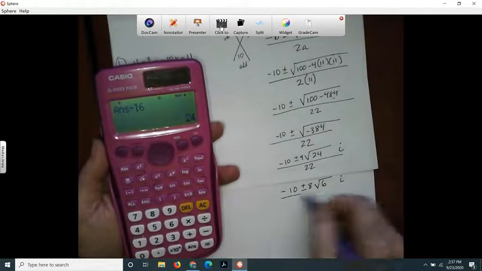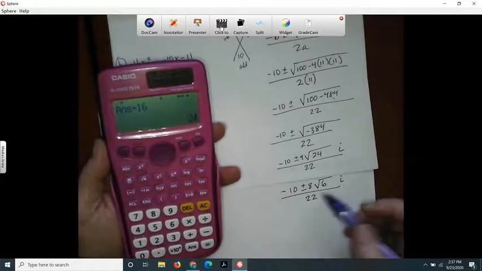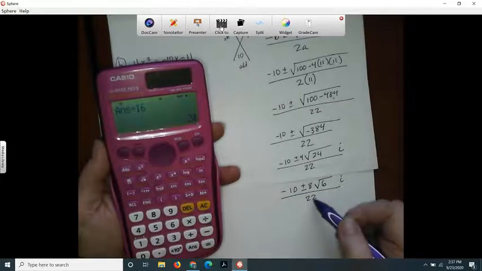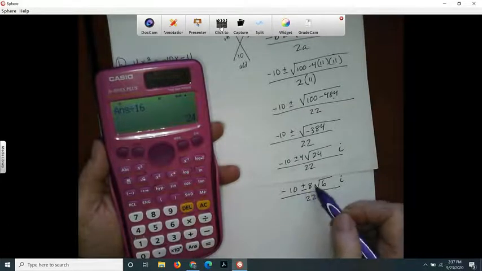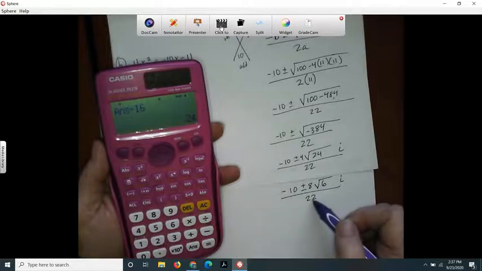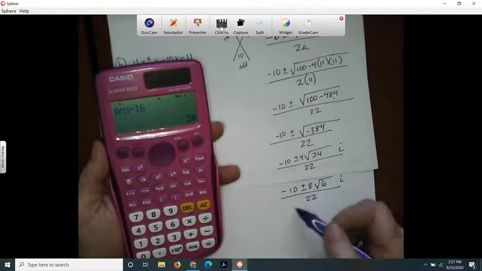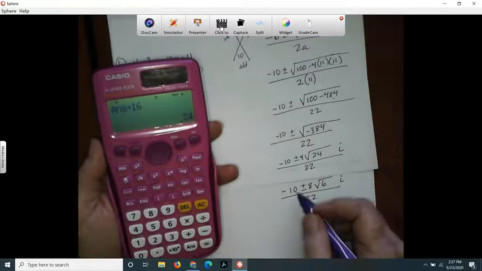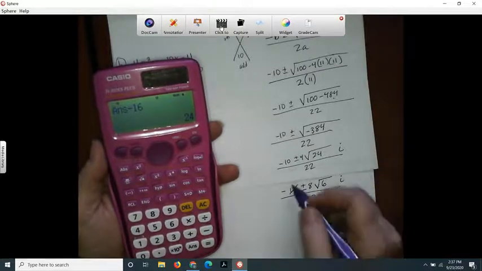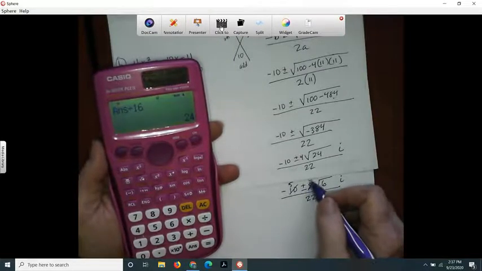And I've got my 22 down here. Now I'm just going to divide all these by 2. What I'm really doing is factoring a 2 out of the numerator and the denominator and canceling it, but I show it like I'm just dividing each one by 2. 4, 11.